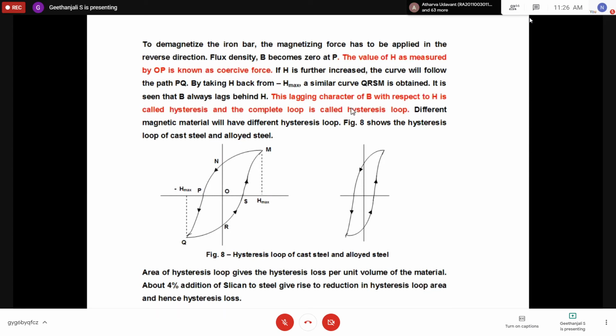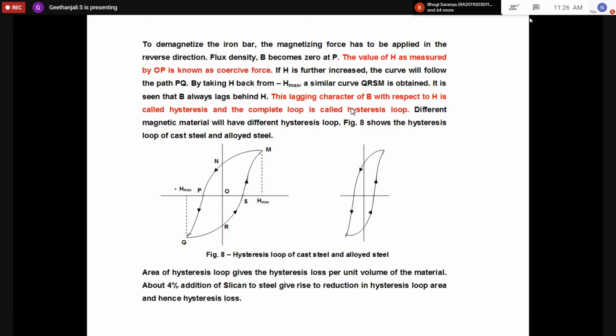Different magnetic materials will have different hysteresis loops. Figure 8 shows the hysteresis loops of cast steel and alloy steel.